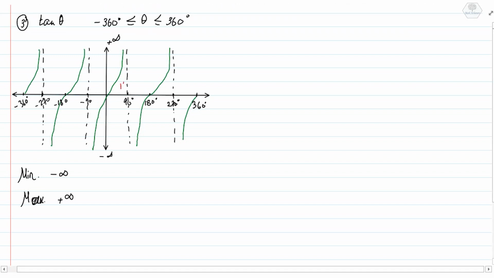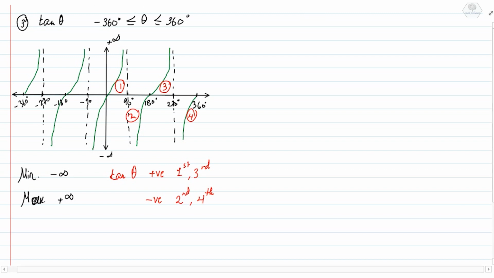If you can see, the tan is positive in the first and the third quadrant and negative in the second and the fourth quadrant. So tan theta is positive in the first and the third quadrants and negative in the second and fourth quadrant.